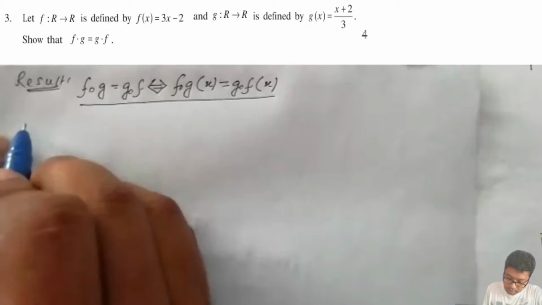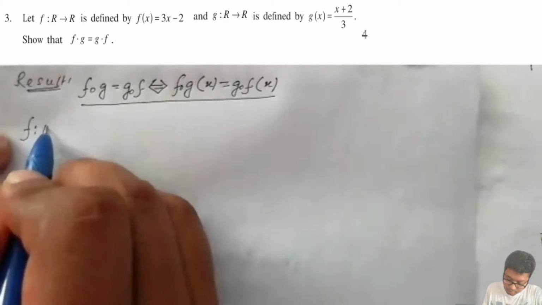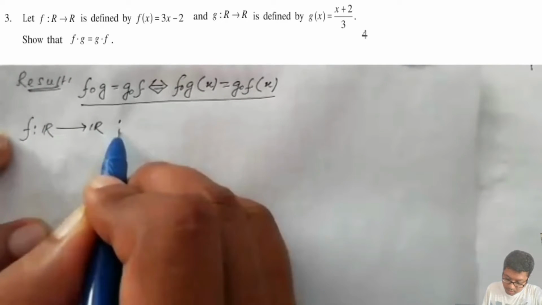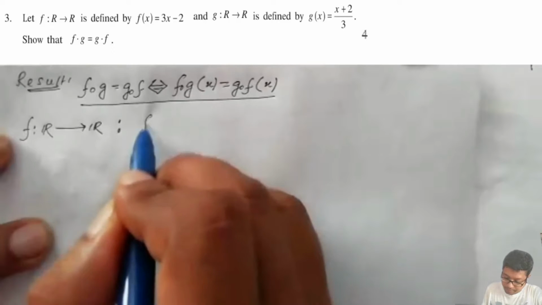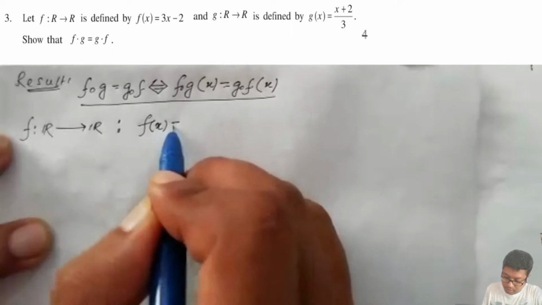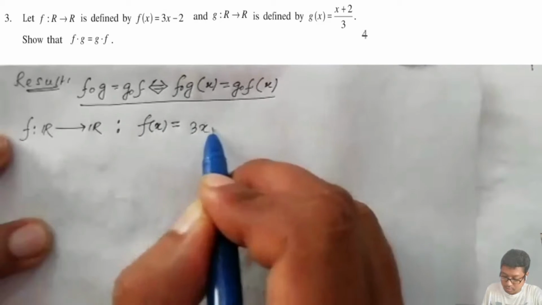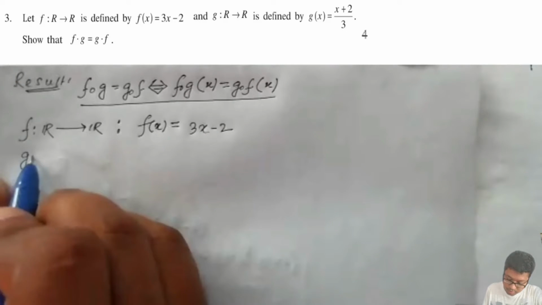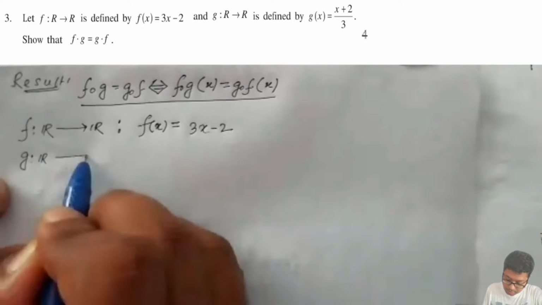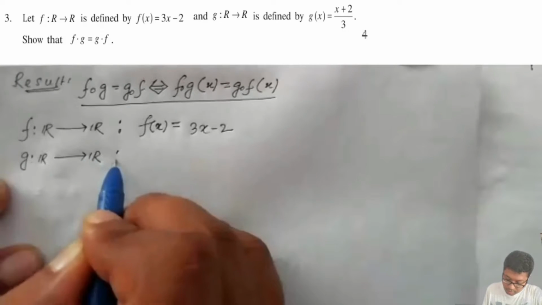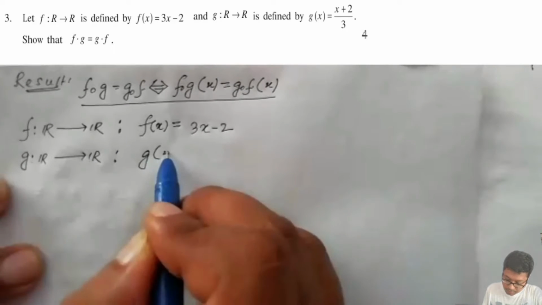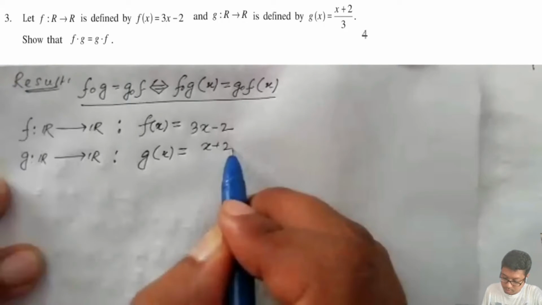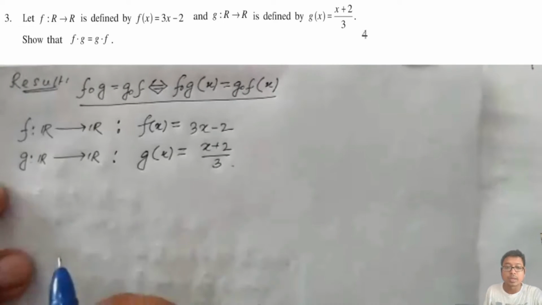Now our function f is going from real numbers to real numbers, and it is defined by f of x is equal to 3x minus 2, and g is a function going from again real numbers to real numbers, and it is defined by g of x is equal to (x plus 2) by 3.